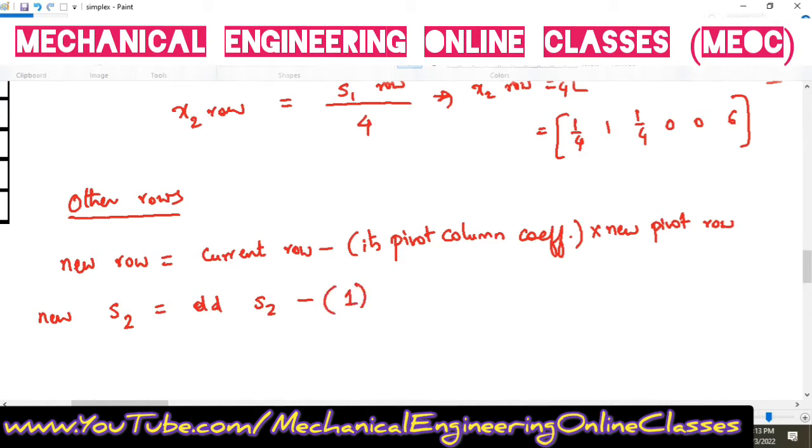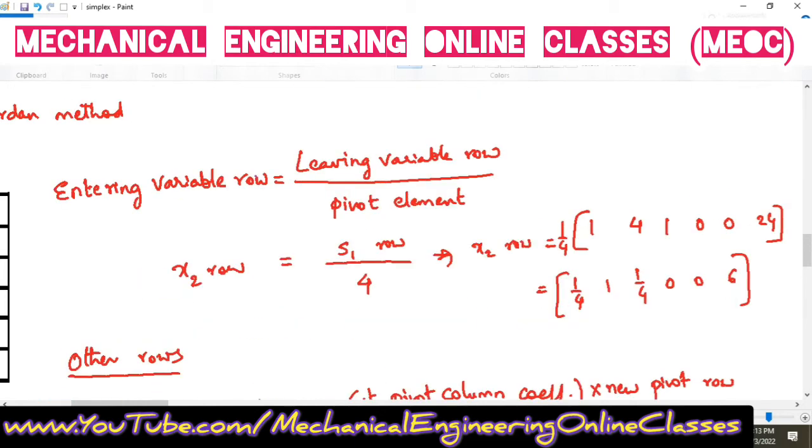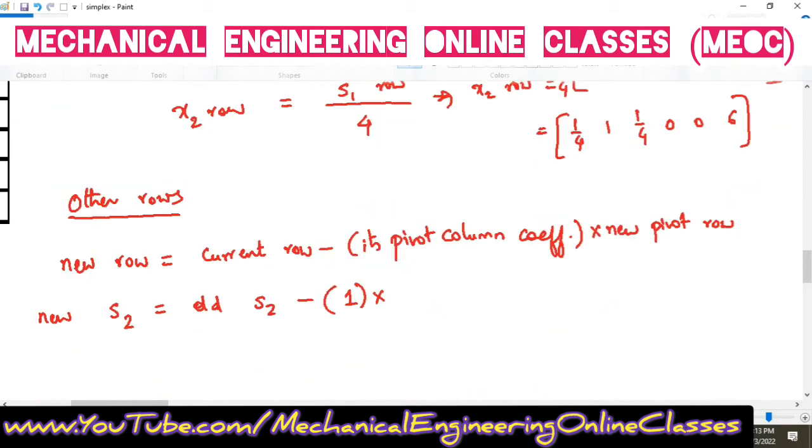Its pivot column coefficient is 1, multiplied by the new pivot row. The new pivot row is nothing but our entering variable row, the x2 row. So this is how we will find the new row when it is not an entering variable row.